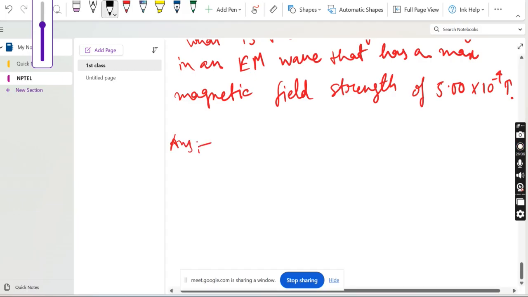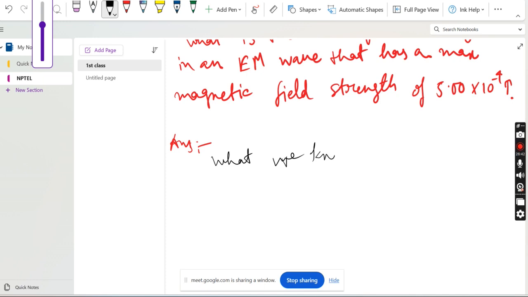So what we know, let's say the magnetic field strength is B naught, which is 5 × 10 to the power minus 4 Tesla.